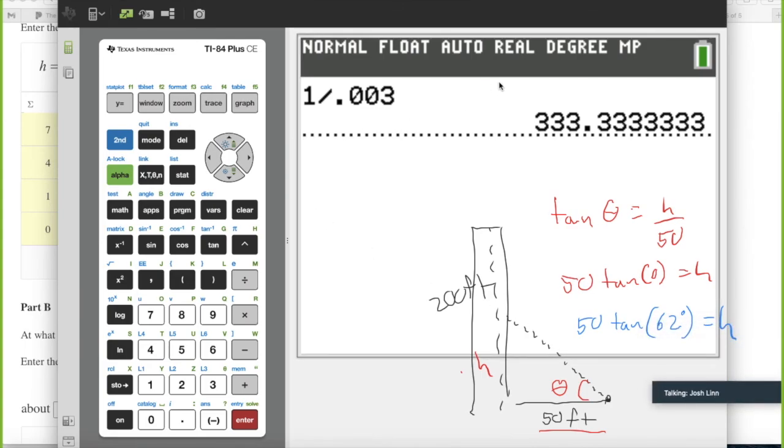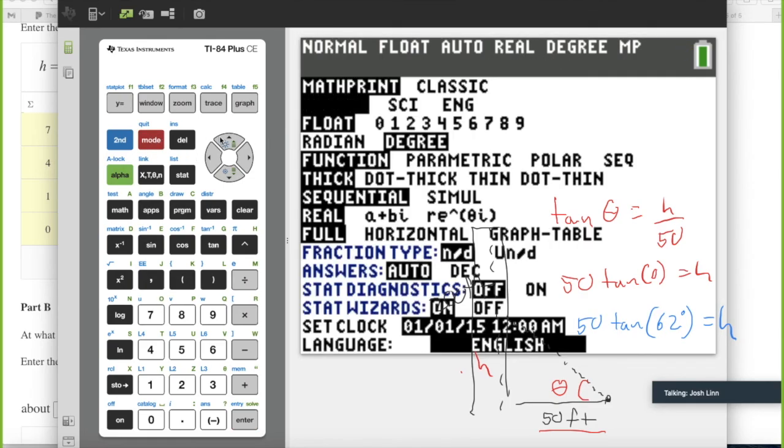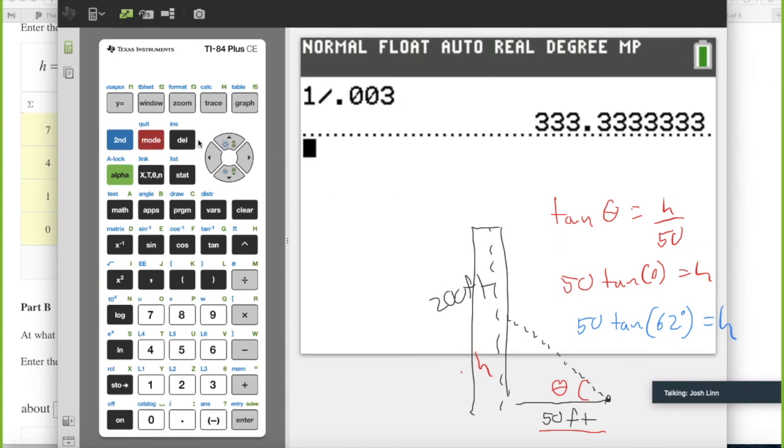So step 1, I'm going to double check that it is in degrees. Step 2, I'm going to double check that it is in degrees. Step 3, I'm going to double check that your calculator is in degrees. If you don't remember how to do that and it doesn't tell you up here, go to mode and it will tell you right there, radian or degree. I have degree highlighted, so we are in good shape.